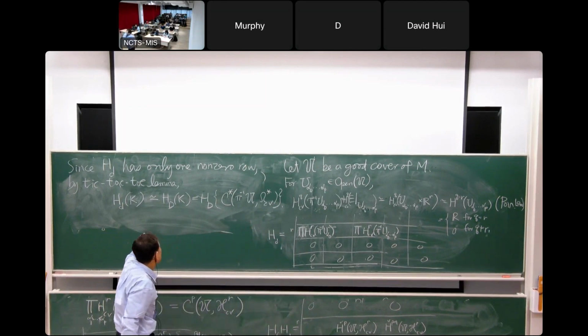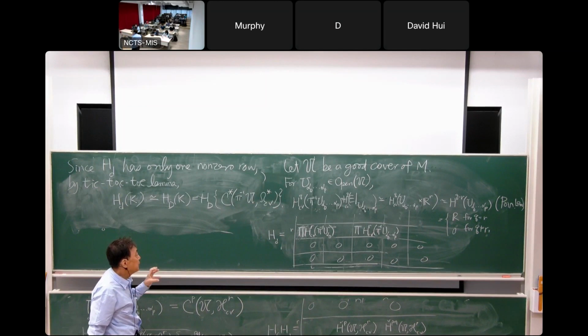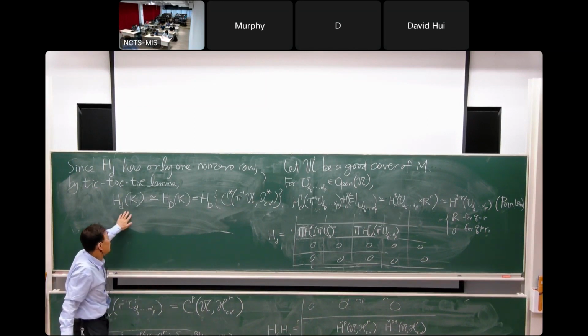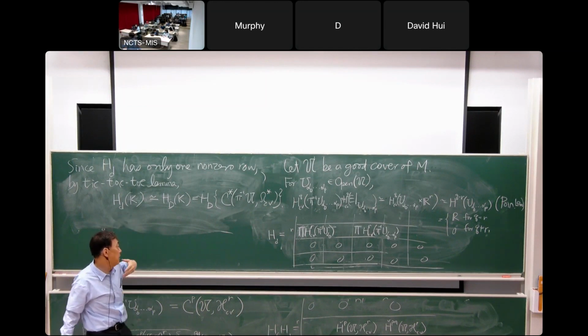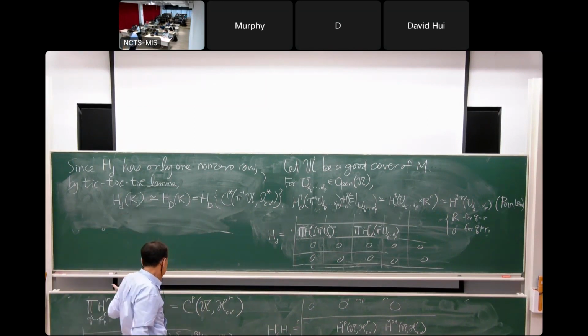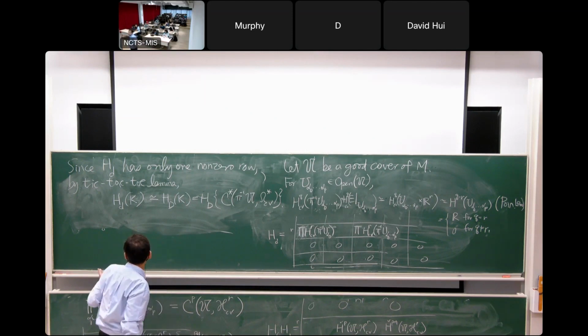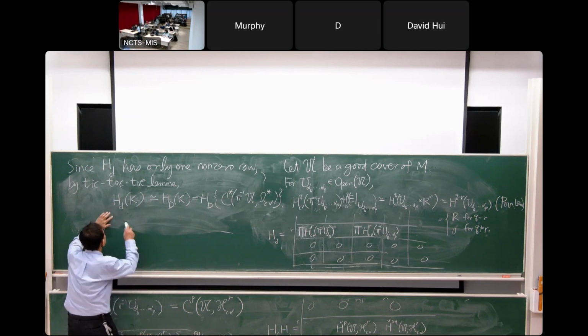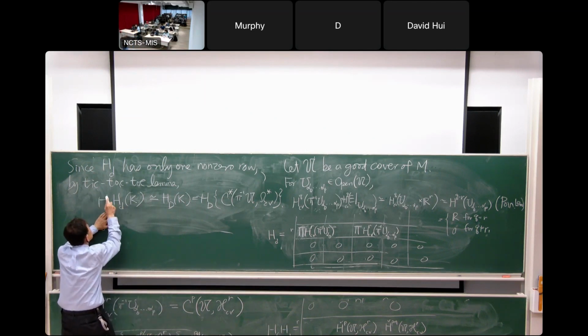Okay, so if you have a good cover, then you have this isomorphism, and then for any cover, we have another isomorphism. Sorry, just a minute. No, it should be H delta H_D, right?